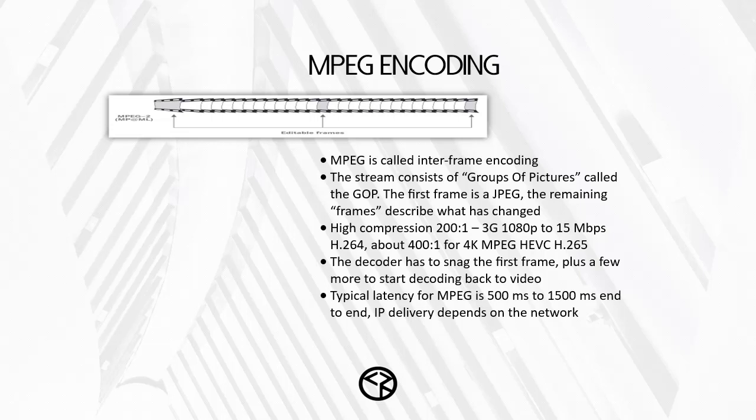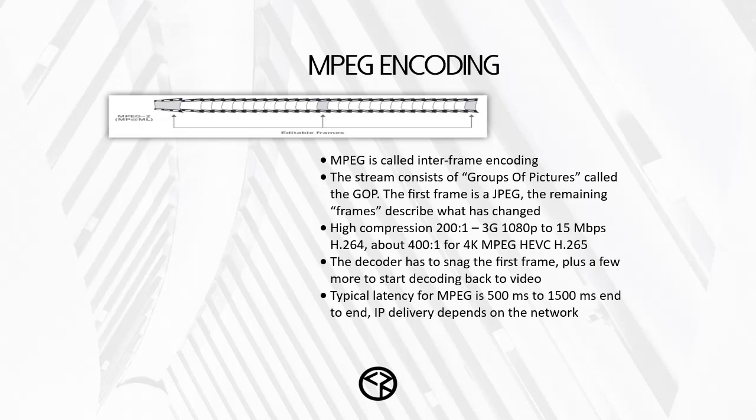The concept behind MPEG is that it's called an interframe encoding system, where not every picture is a JPEG. So the stream consists of a group of pictures called the GOP. The first picture is always a JPEG. The remaining frames describe what changed.